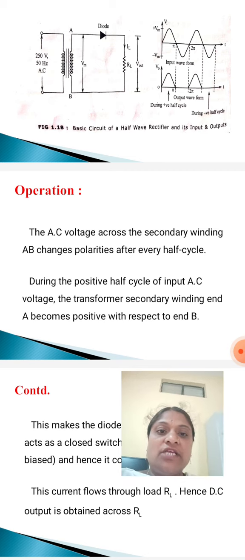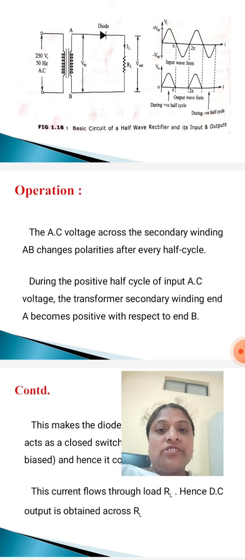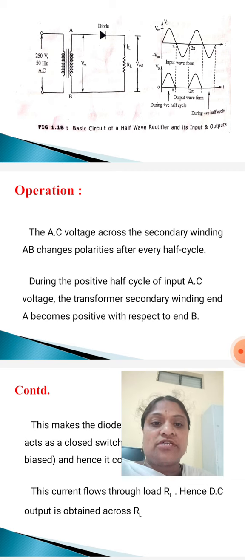Observe this operation. First of all, the AC voltage across the secondary winding AB changes polarities after every half cycle. During the positive half cycle of input AC voltage, the transformer secondary winding end A becomes positive with respect to end B. End A positive means end B is negative.